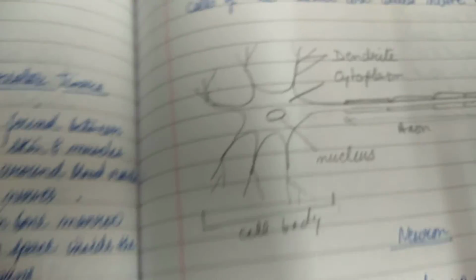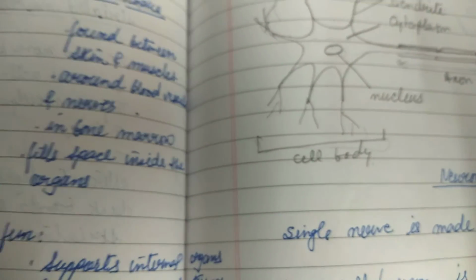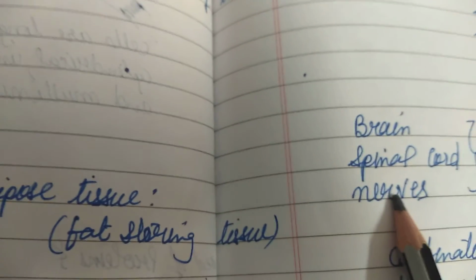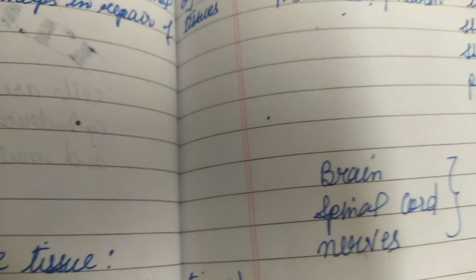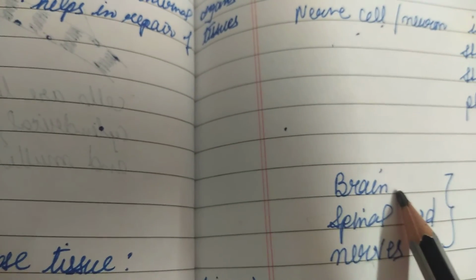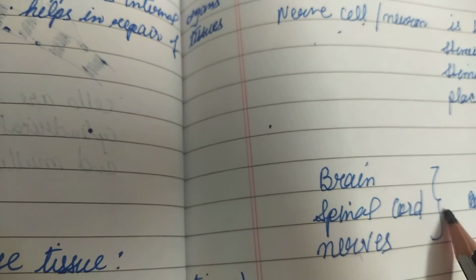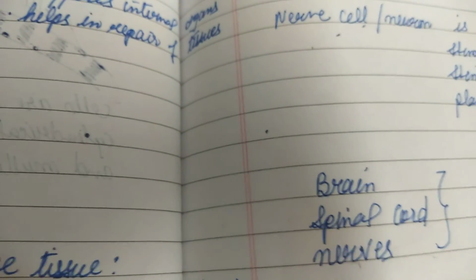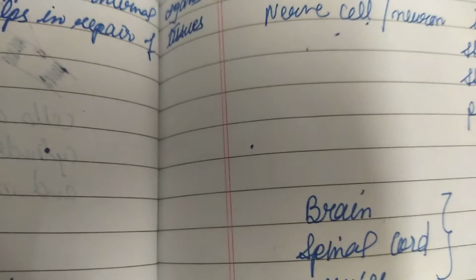See? Now the brain, spinal cord and nerves are composed of this nervous tissue. Nervous tissues are present in the brain, the spinal cord, and there are other nerves also.